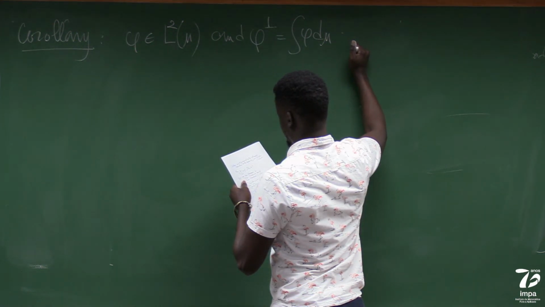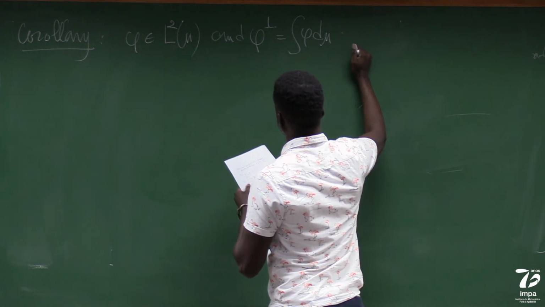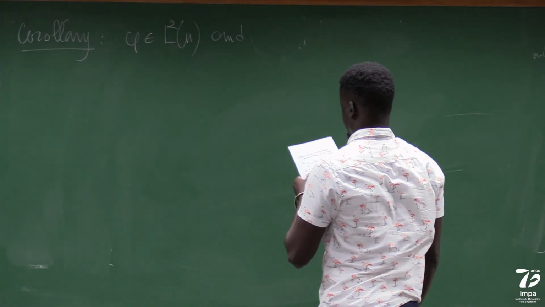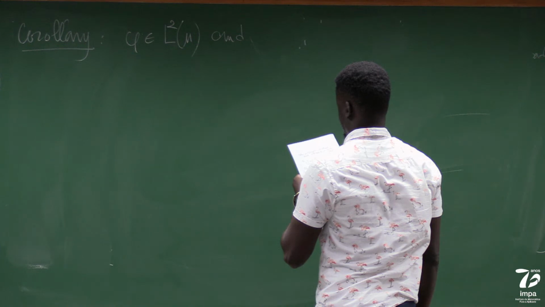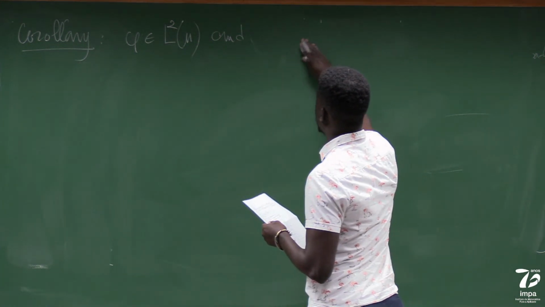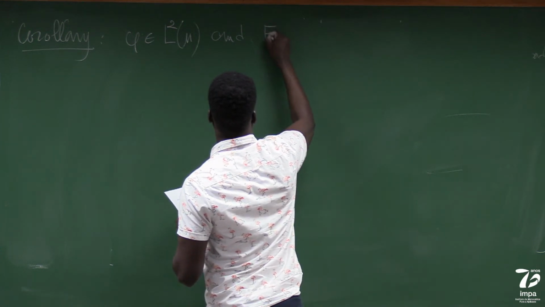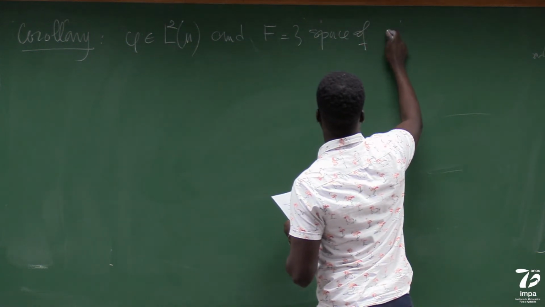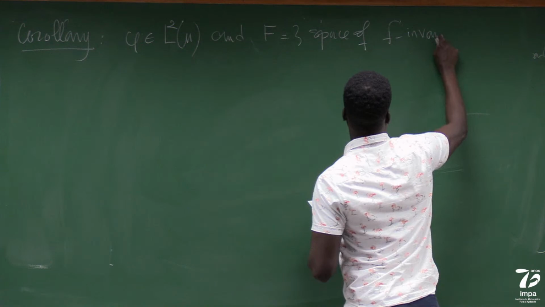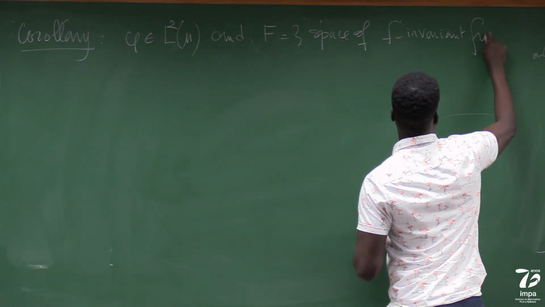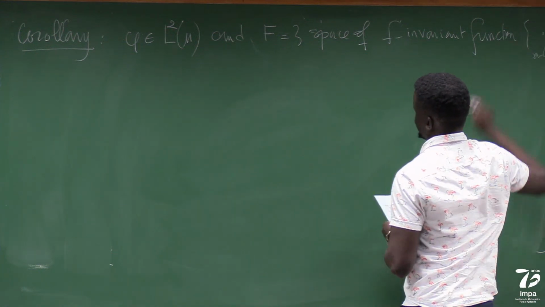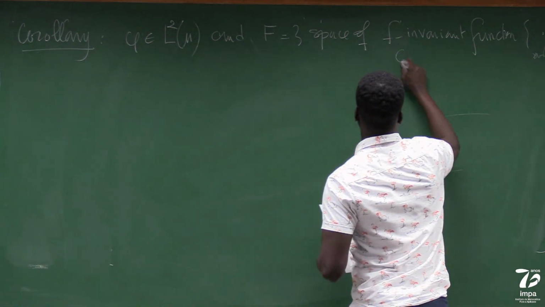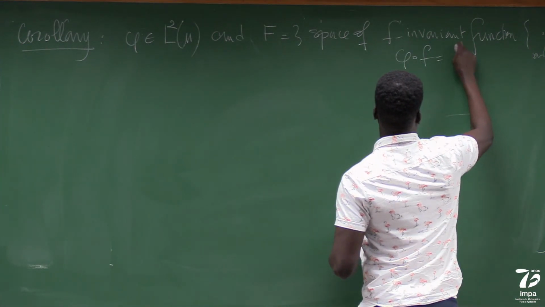Sorry, this is what I want to say. And F is the space of F invariant functions. By F invariant, I just mean the space of functions that you compose with F equals phi.